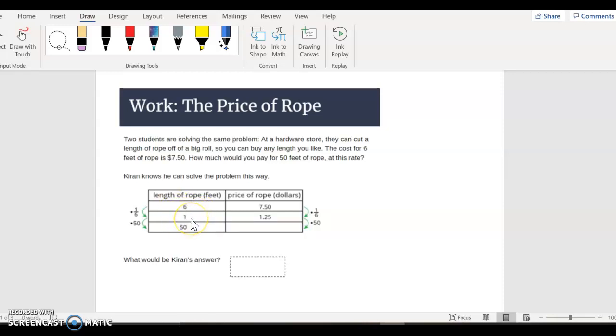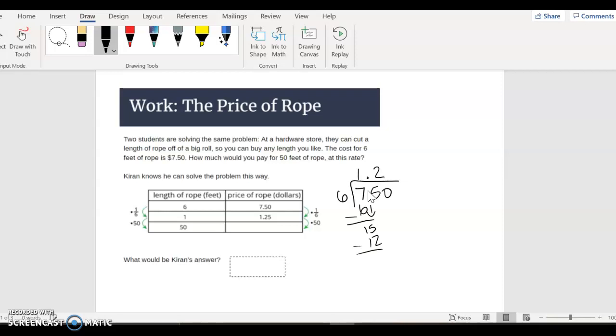So in order to do that, he took his cost, $7.50, and divided it by 6. So you can see here, the $1.25 is the cost for 1 foot of rope.